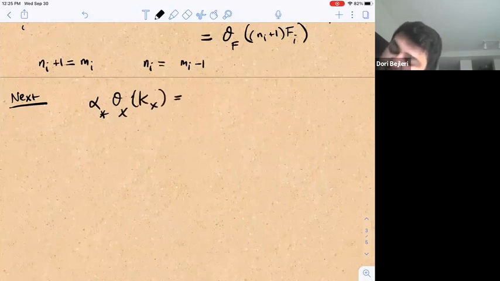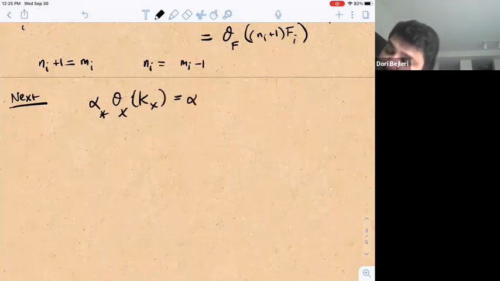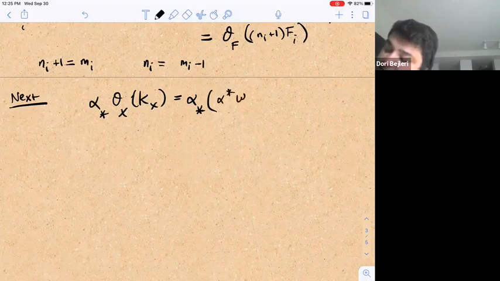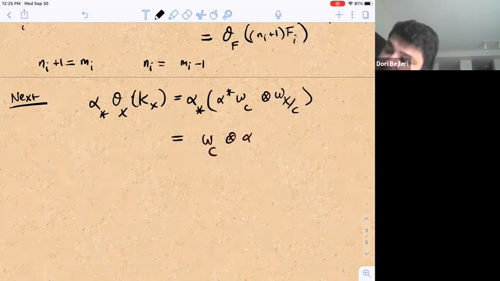But this is the same by the usual formula for the relative canonical. This is the same as alpha lower star of alpha upper star omega_C tensor the relative canonical. And then by projection formula, this is omega_C tensor the push forward of the relative canonical.